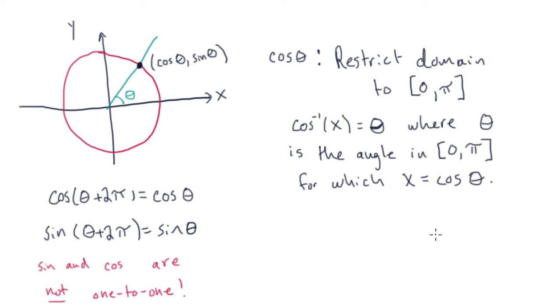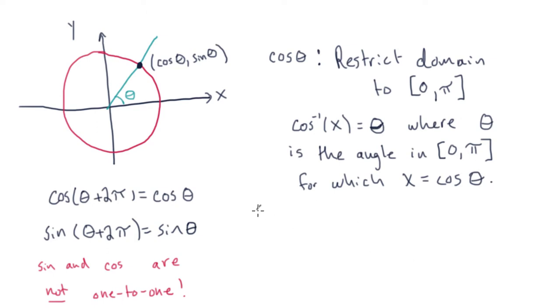Okay, so we're just defining the inverse cosine of a number. And now, of course, this number needs to be between -1 and 1. It needs to be in the range of the cosine function. And cosine lies between -1 and 1 because the x-coordinates of points on the unit circle lie between -1 and 1.